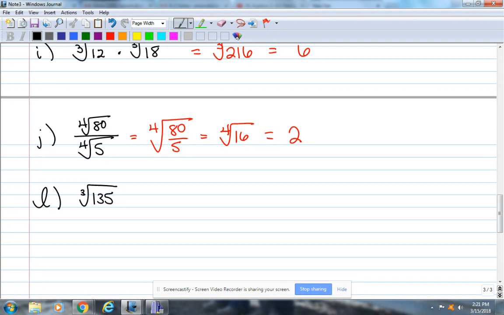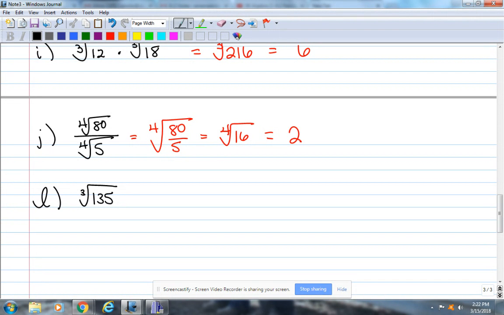No, it is not. So what you want to do is find a perfect cube in there that goes into 135. Well, if it goes into 135, that means it needs to be smaller than 135, right? So, looking at your chart, 135 is between 216 and 125. Y'all see that on your chart?